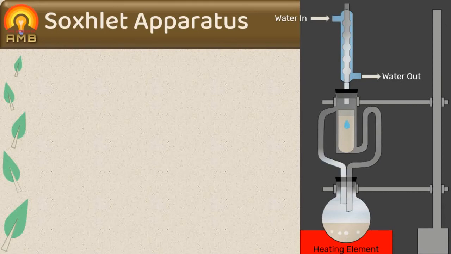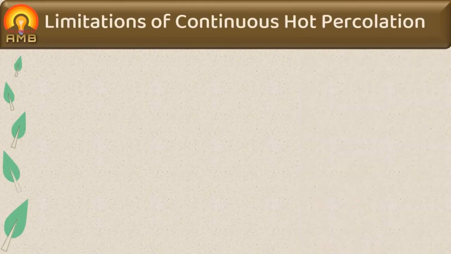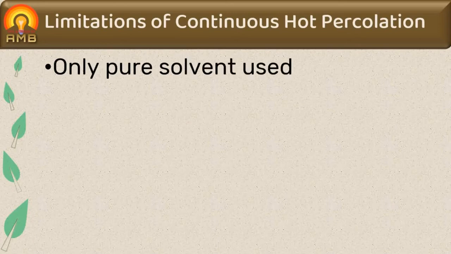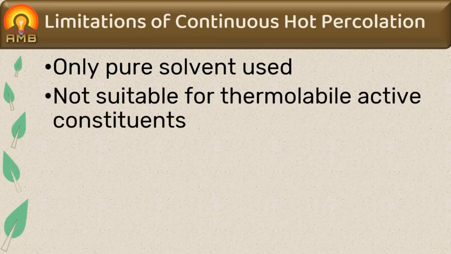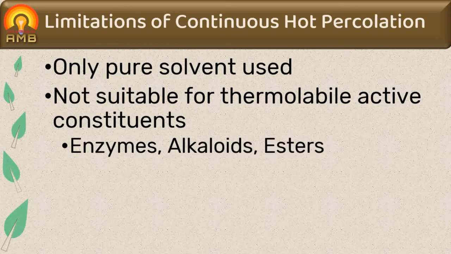But this process has some limitations. So we will discuss the limitations of this continuous hot extraction process. First limitation is that only pure solvent or constant boiling mixture can be used for this process, as the boiling temperature of two different solvents may vary depending upon the concentration. This process is not suitable for drugs containing thermolabile active constituents like enzymes or alkaloids or esters, as hot menstruum is coming in contact with the drug, and when the extract comes into the flask it is also boiling.